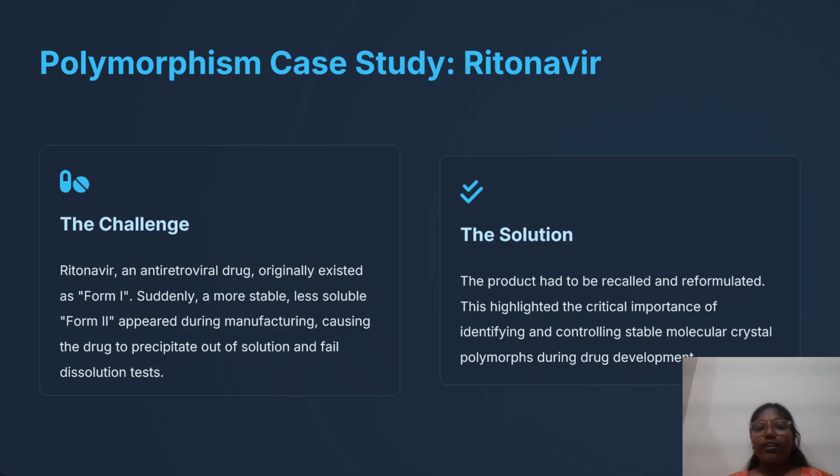The solution: the product had to be recalled and reformulated. This highlighted the critical importance of identifying and controlling stable molecular crystal polymorphs during drug development.